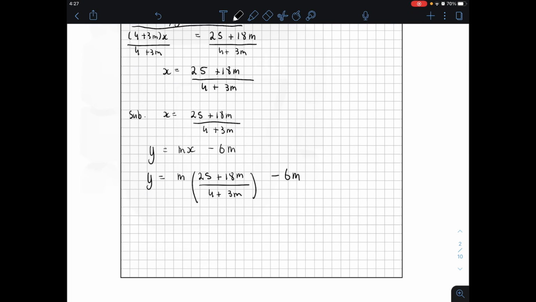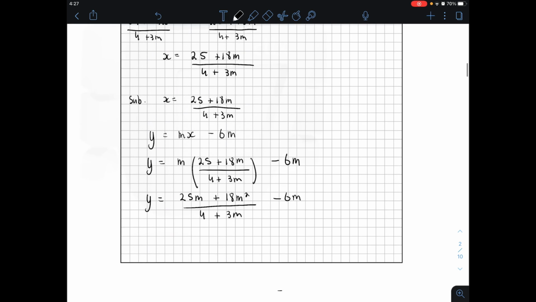So let's expand out our brackets, which gives us y equals 25m plus 18m squared over 4 plus 3m, minus 6m. Okay, so let's continue simplifying this value.